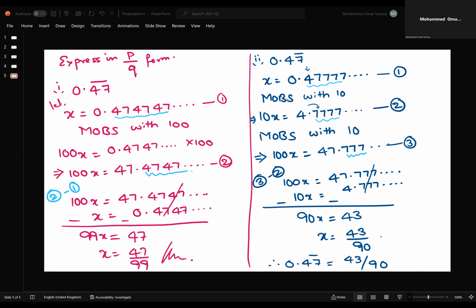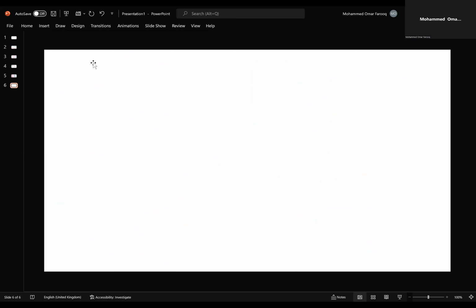Now, next question. Who asked? Agnivesh. Find three irrational numbers between 5 by 7 and 9 by 11. This is a textbook question.